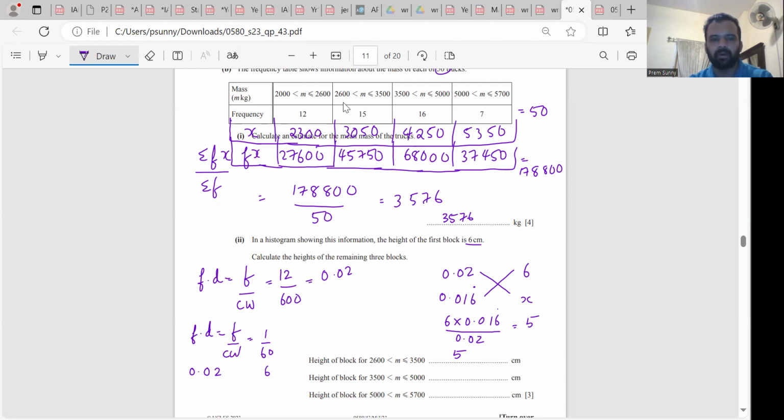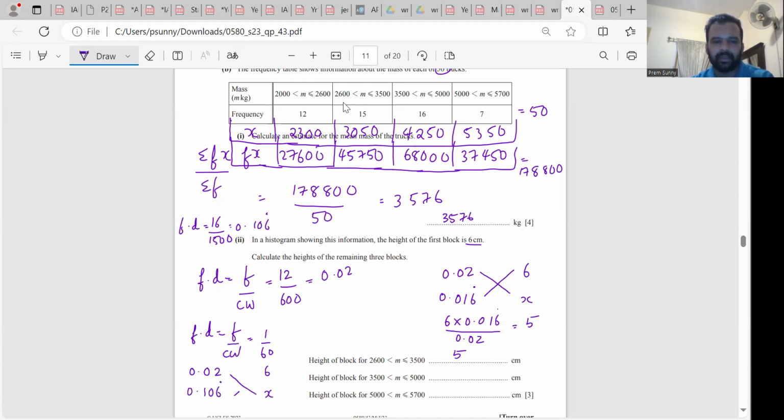For the third block, let's find the frequency density. Frequency is 16 divided by class width. Class width is 5,000 minus 3,500, that is 1,500. 16 divided by 1,500 we'll get as 0.106 recurring.